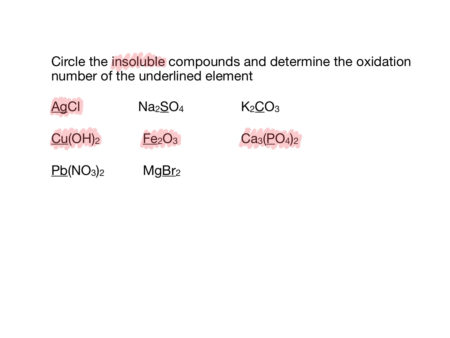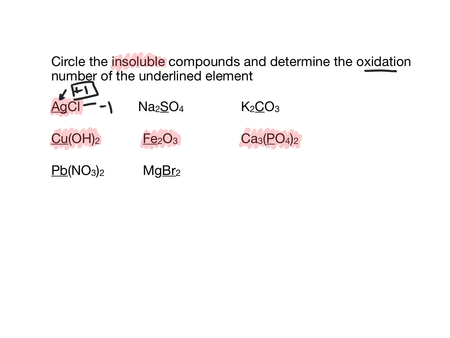So now we want to go back, and it also asks us to determine the oxidation number. I'm going to start with silver chloride. We know that chloride is a -1, therefore the silver has to be +1. In this case, whatever is underlined is the mystery. Everything else follows the rules.